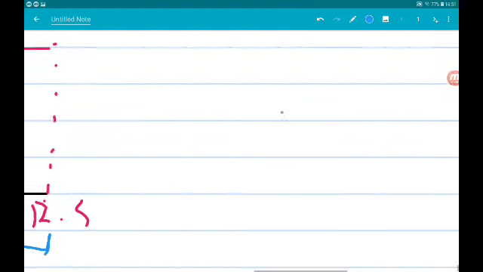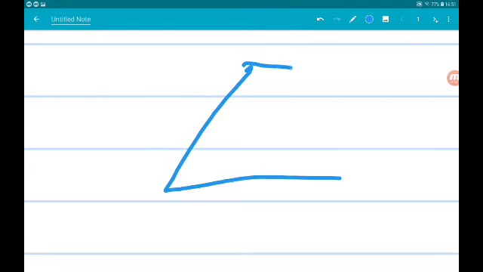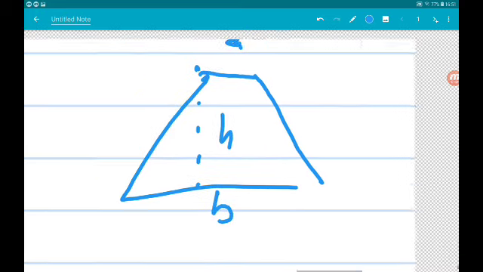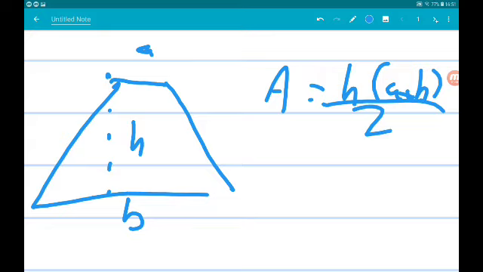Now, just as a reminder, the area of a trapezium, where you know the height, the top is A, the bottom is B, area is height times A plus B all over 2.